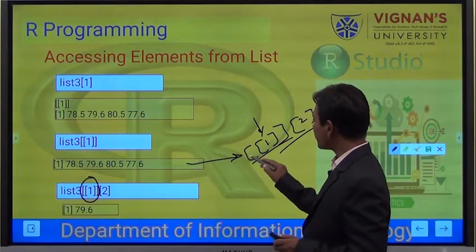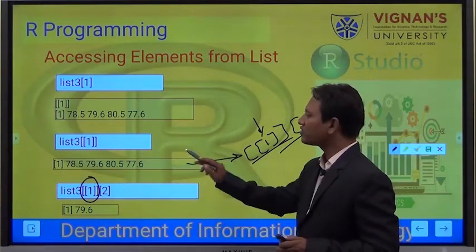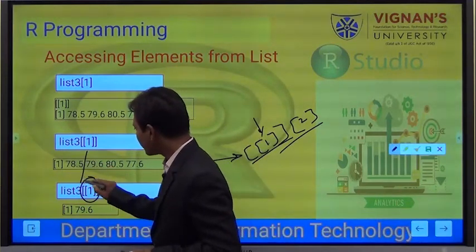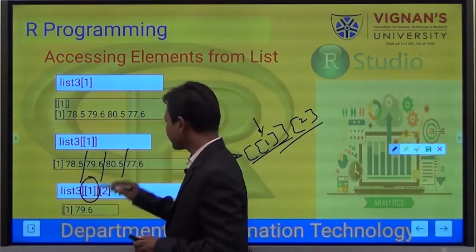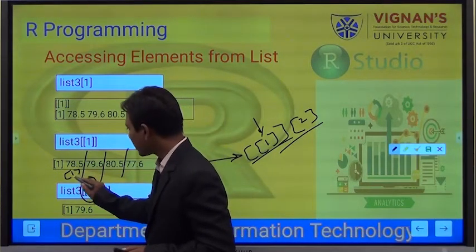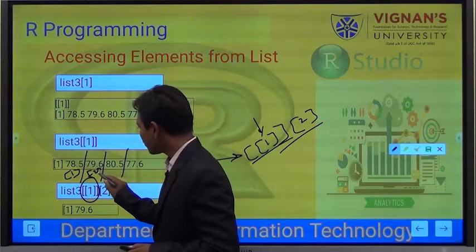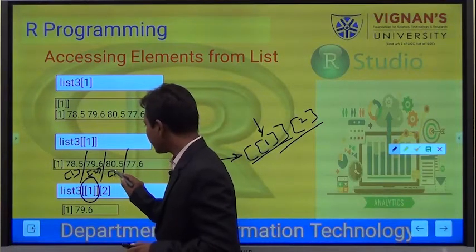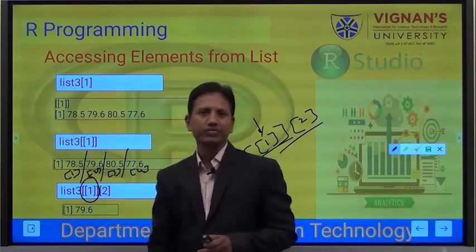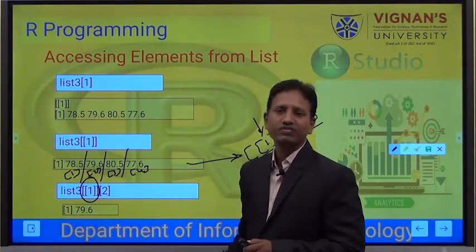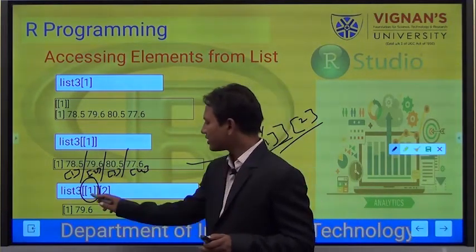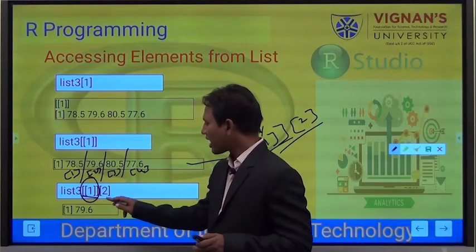When I use this double bracket 1, it is going to give me this one, and this has index values of this way. This is the index value of 1, and it is 2, and it is 3, and it is 4. These are the index values of that vector. So what we have asked is double bracket 1 and 2.